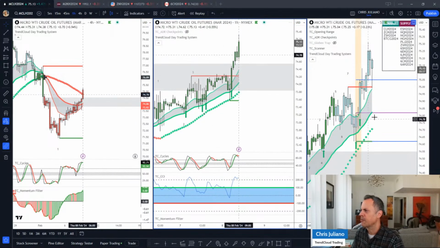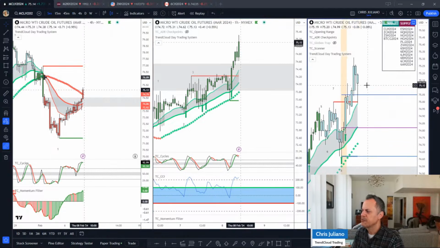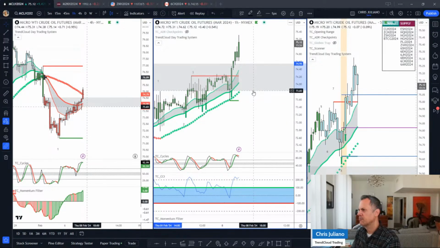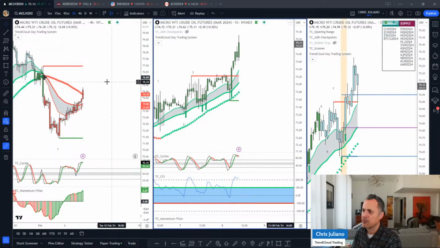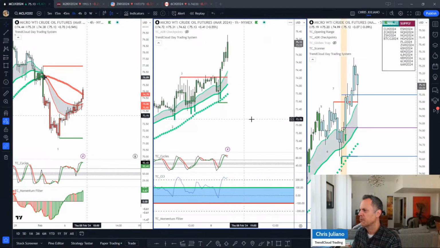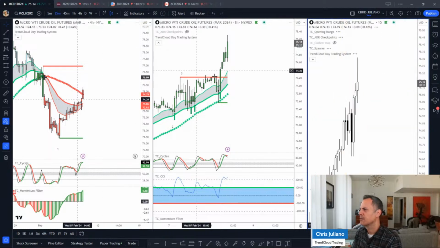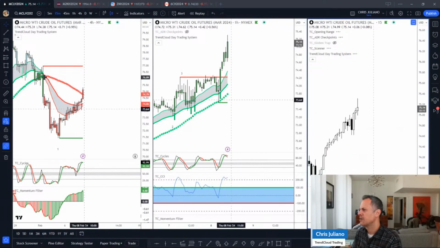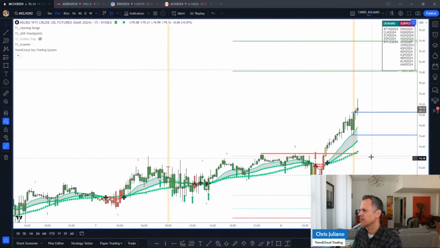Momentum is with us. 5 minute chart, we are extended. So we want to pull back somewhere in here. So what we should do is start looking for some zones on that 15-minute chart.